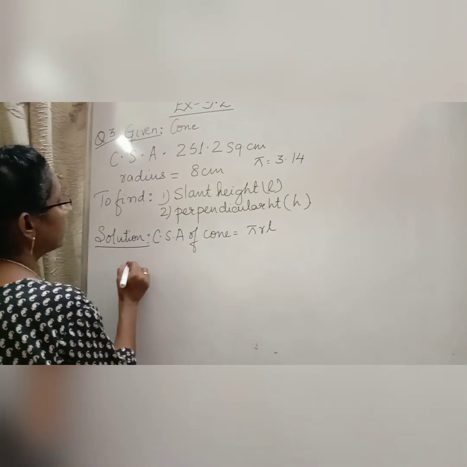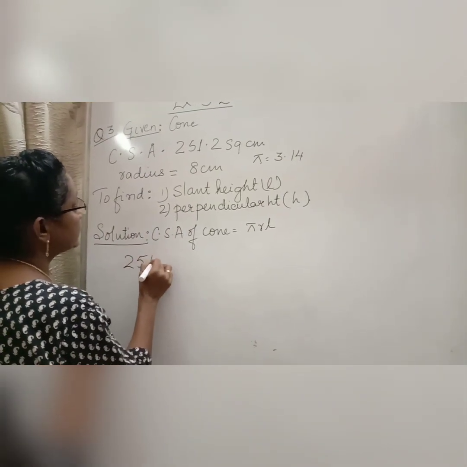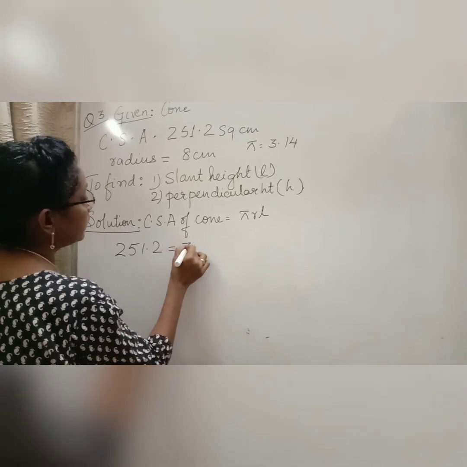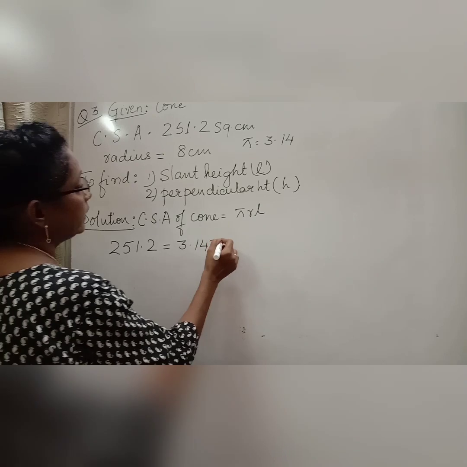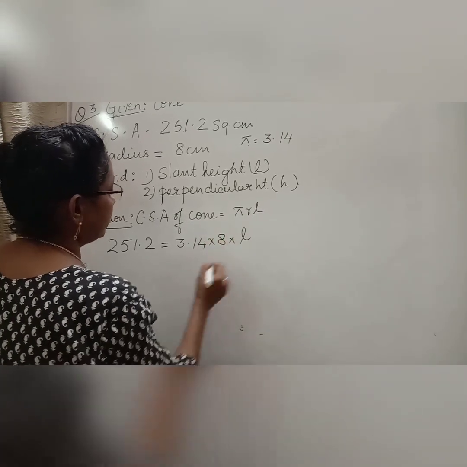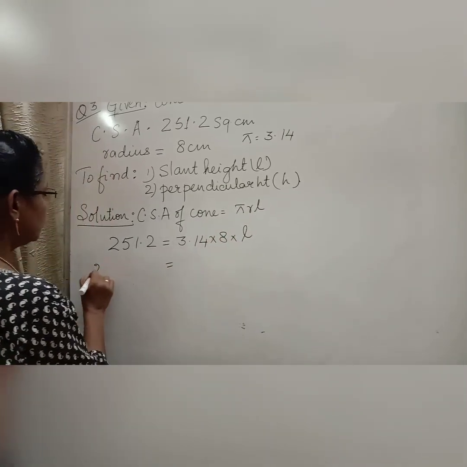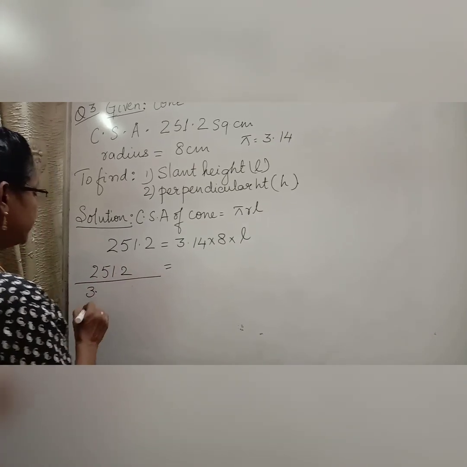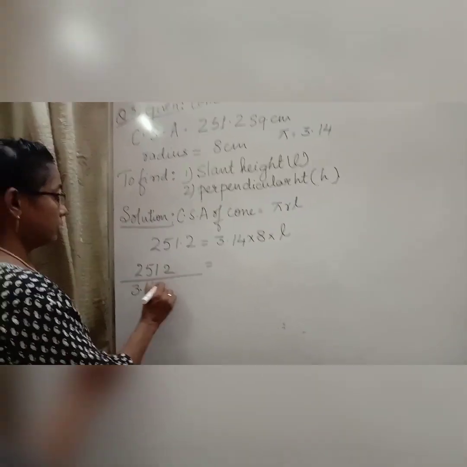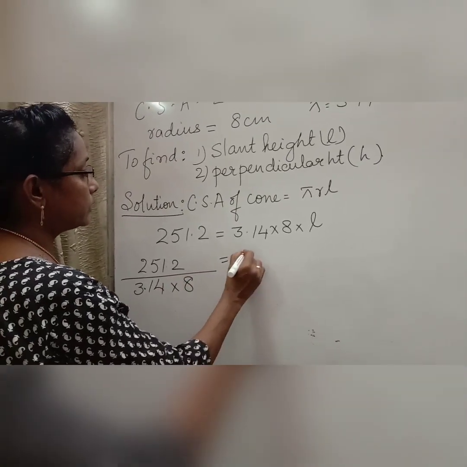So substituting the values, 251.2 is equal to 3.14 multiplied by 8 into L. So 251.2 divided by 3.14 multiplied by 8 is equal to L.